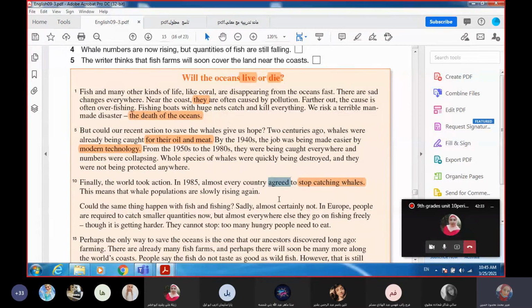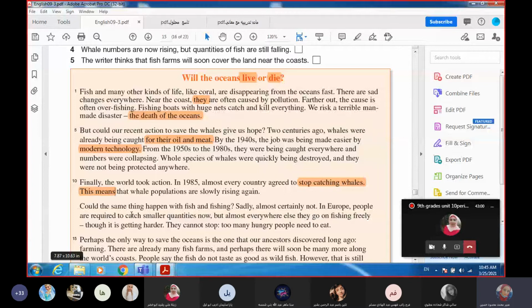The number of whales will rise again. Could the same thing happen with fish and fishing? The world is thinking of making a decision about overfishing with fast fishing boats and huge nets with technology.